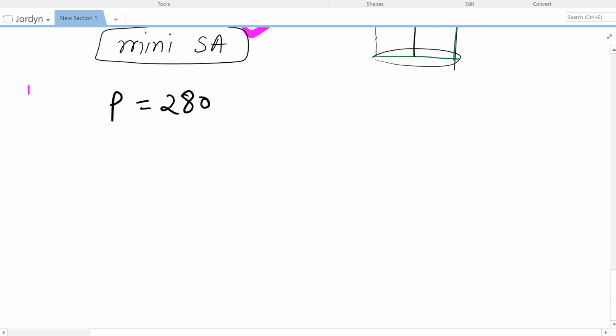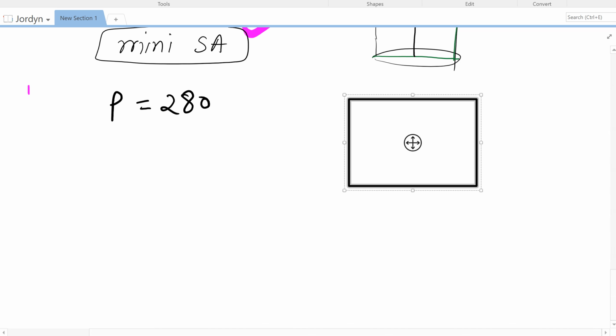We have some kind of rectangle like that, and we know that the perimeter of any rectangle is 2 times L plus W. So 2 L's and 2 W's, right? That is L, this one is also L, so 2 L's are there and 2 W's. So we find L plus W and then we double it. Does it make sense to you? Yes. Double the sum of L and W is equal to the fence, and the fence is the perimeter.